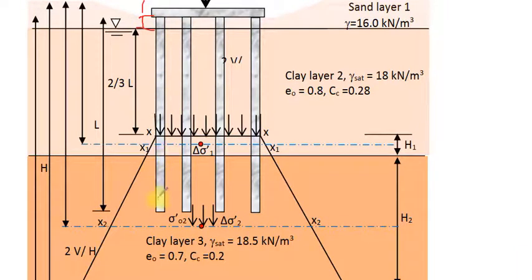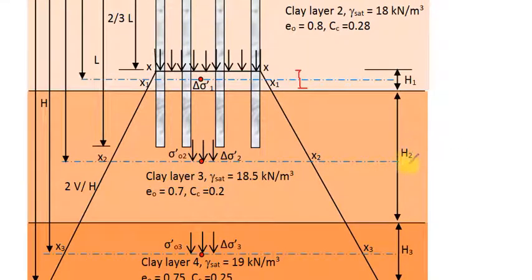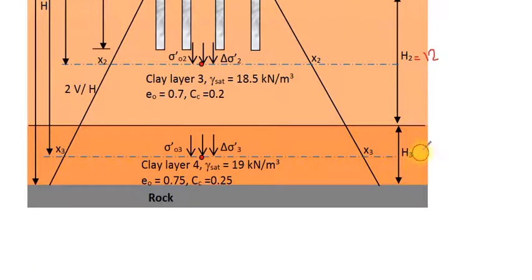The length of pile equals 18. The first layer thickness H1 equals 2 meter, H2 equals 12 meter and H3 equals 4 meter.